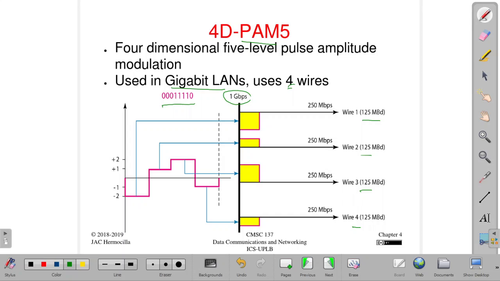It's 4-dimensional because we have 4 wires, and 5-level pulse, so it's including the 0 here.